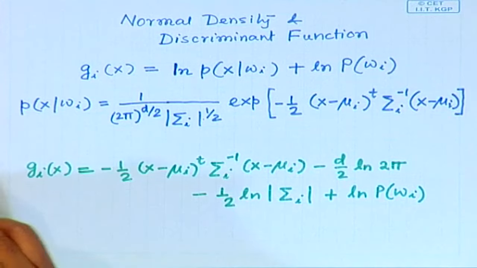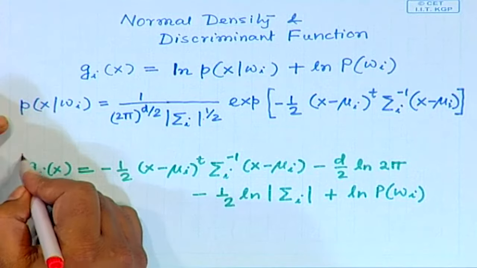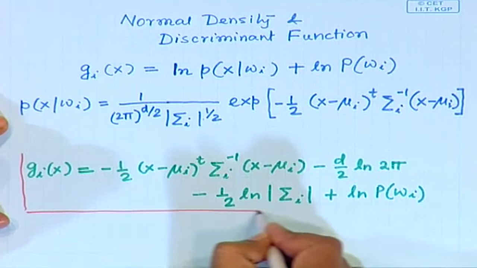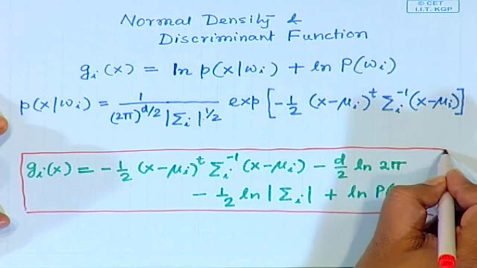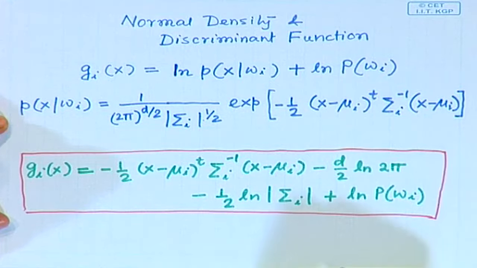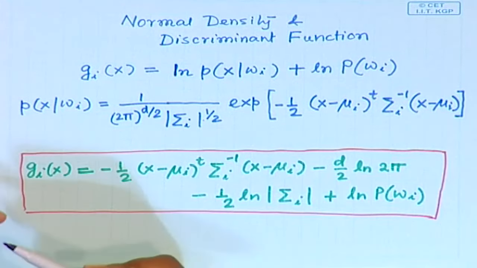So, this becomes the discriminant function when we assume that the associated probability density function is a multivariate normal density function.